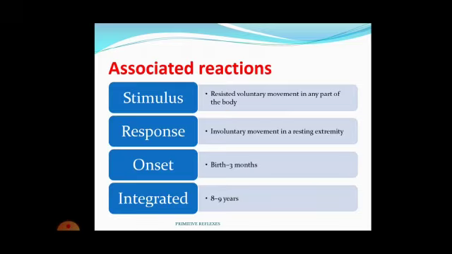That will be the response. Onset may be from birth to 3 months and it will be integrated at the age of 8 to 9 years. Clear? Associated reactions mean that when there is voluntary movement in one part of the body, it will be associated with involuntary movement in another part of the body. That is known as associated reactions.